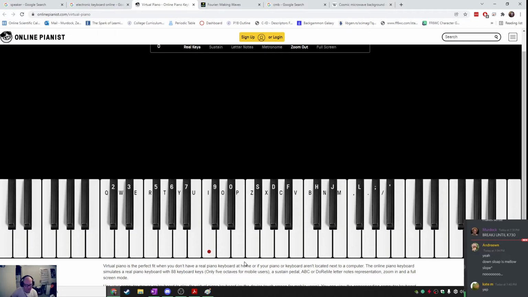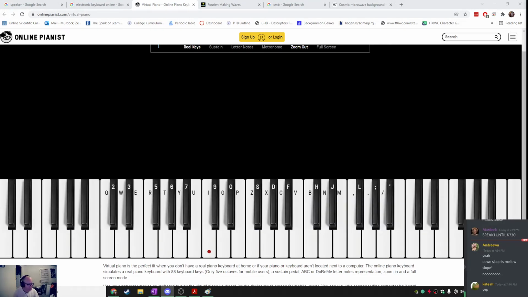But if I separate it by 2 notes, suddenly it starts to sound good again, right? And if you play all these together, this is what we call a chord. It's at the core of how most modern music is produced, through chords. Anyway, but the main point to take away is what's being shown here.